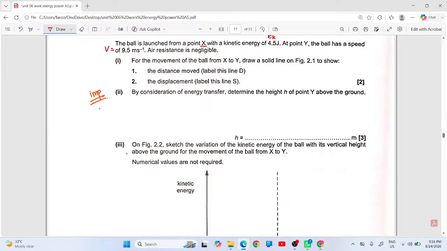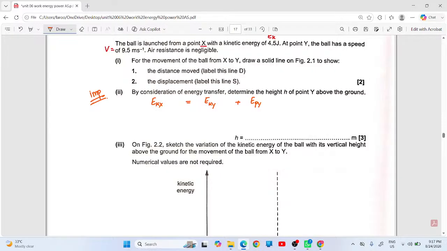So we know that initially at point x, kinetic energy at x equals kinetic energy at y plus potential energy at y.